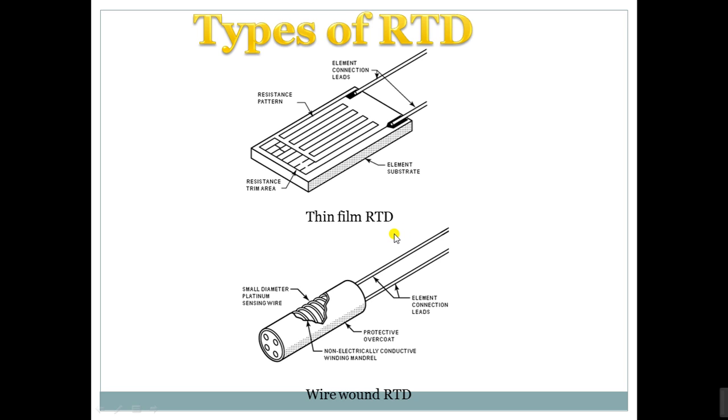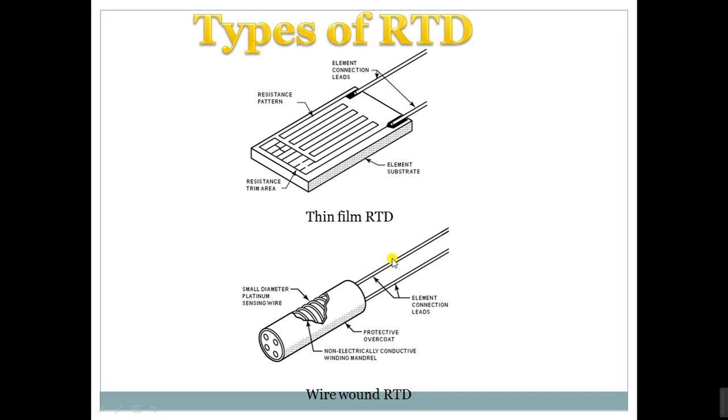Flat film detectors are manufactured by depositing a fine layer of platinum on a ceramic substrate. The element is then coated with epoxy or glass, which provides protection. They are a cheaper alternative to wire wound detectors and have fast response time.